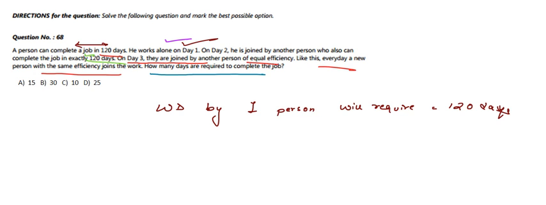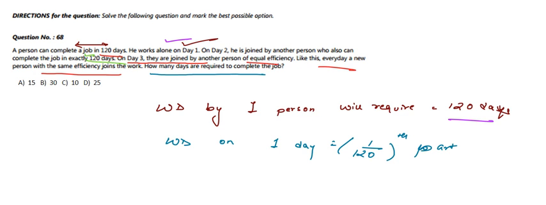So work done on one day will be 1/120th part of the work. As one person completes the total work in 120 days, in one day he will complete 1/120th part of the work. Similarly, on day 2, two persons will complete 2/120th part of the work.